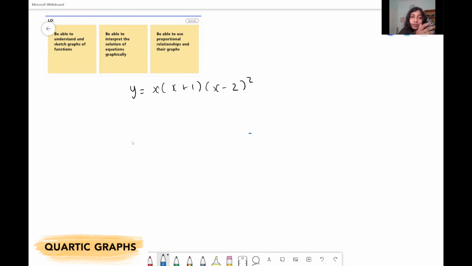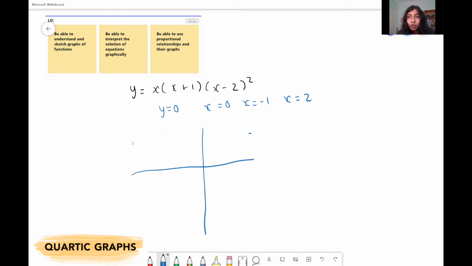So for this question, you need to find out where it crosses the x-axis first. So this would be when y equals 0. That would be when x equals 0, x equals minus 1, and x equals 2. Because this is x minus 2 squared, this will be a repeated root.